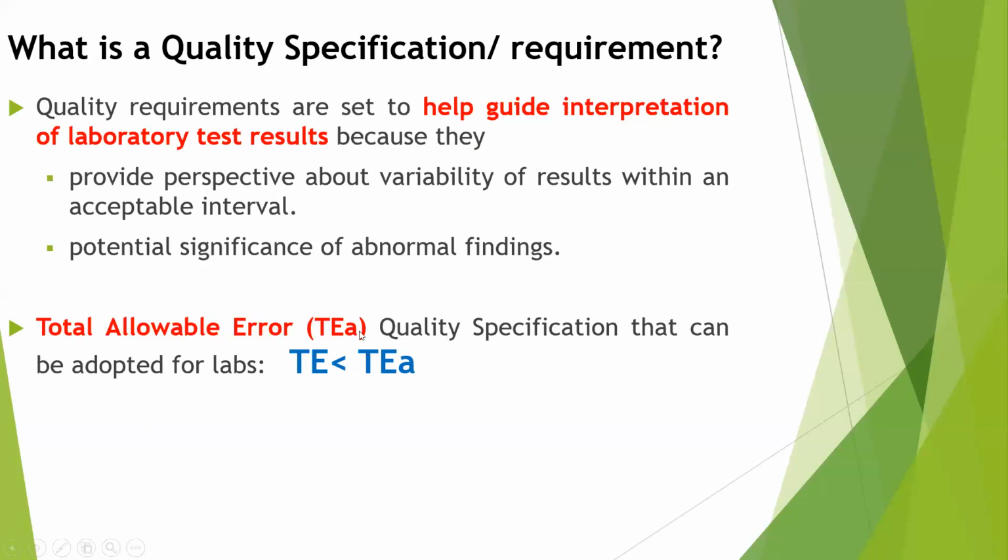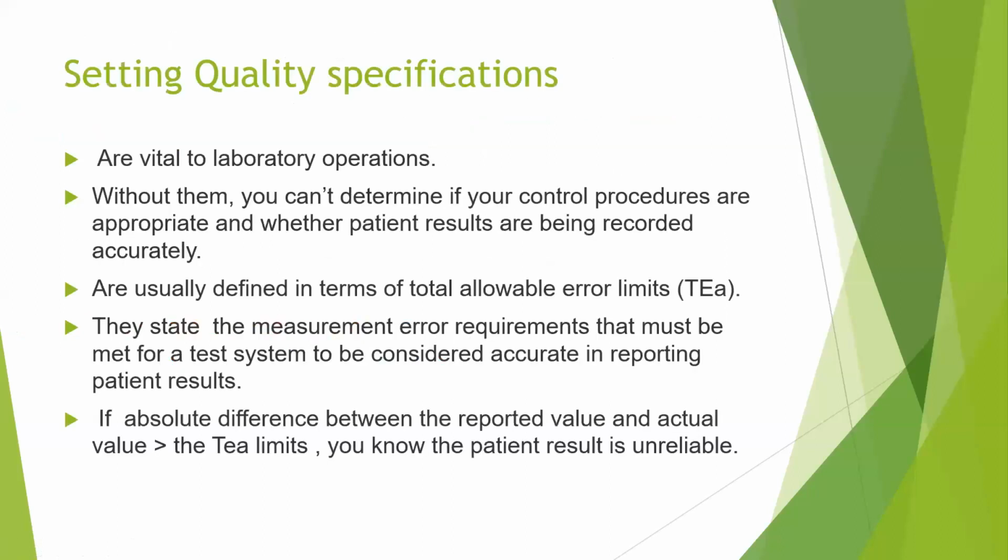So total allowable error and total error, which can be adopted for the labs. We need to know how should we fix our TEA, and ultimately we have understood now that our total error, which is TE, has to be less than the TEA. Now, setting these quality specifications. It is very important to lab operations to set the quality specifications.